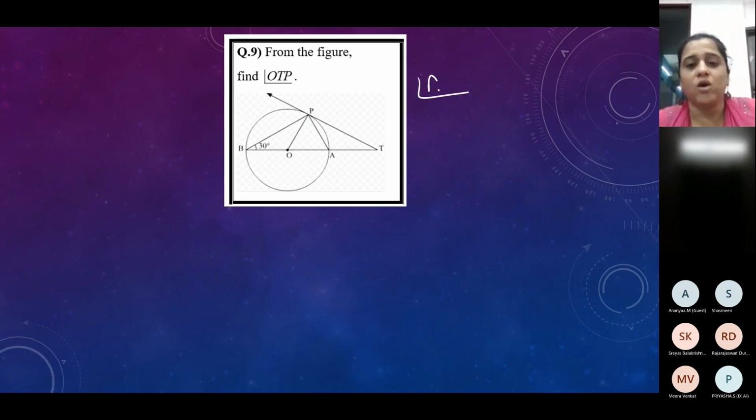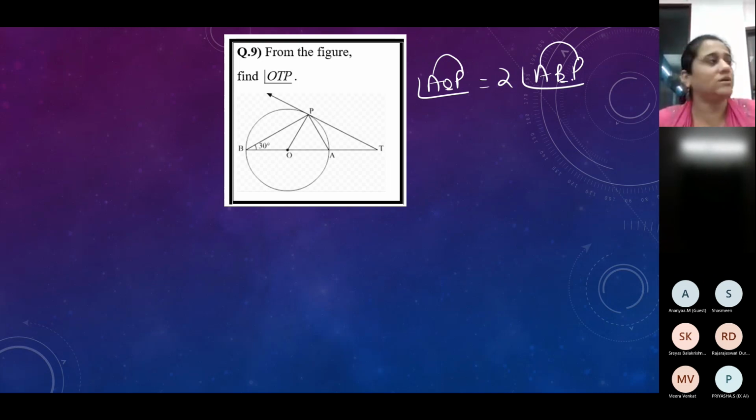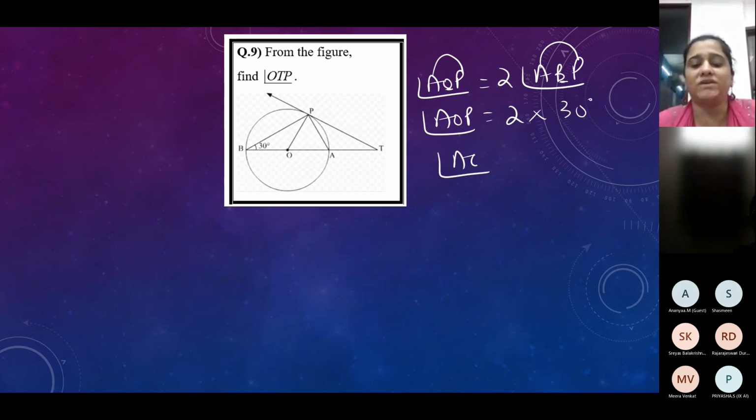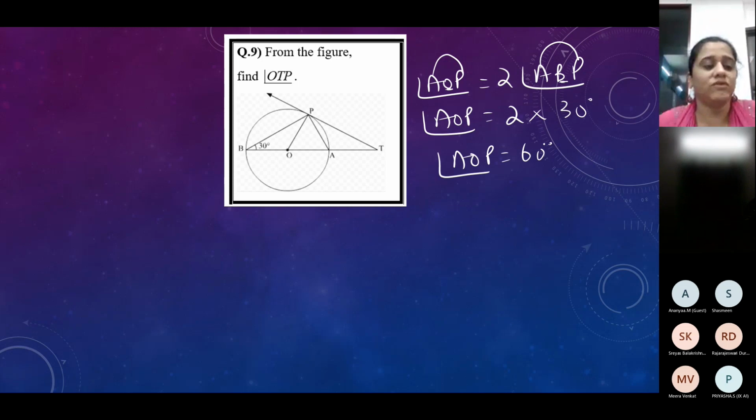Angle AOP is double angle ABP. Both are made by the arc AP. This is at the center O, this is on the circumference at B. So angle AOP is equal to 2 times 30 degrees. So the angle at the center AOP is equal to 60 degrees. We found the angle at the center very easily.